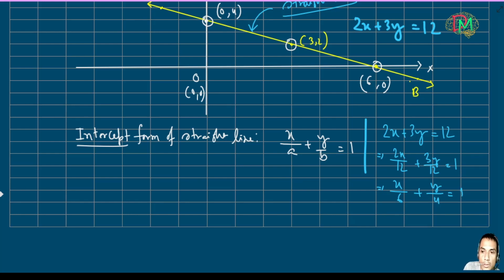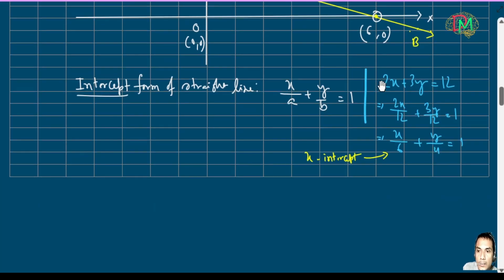So this 6 is the x intercept, and this is the y intercept.